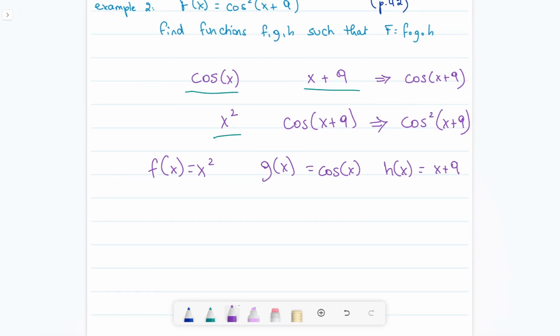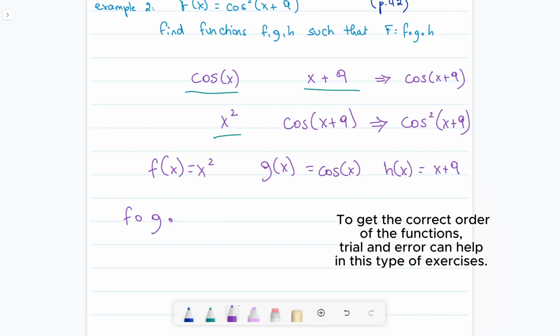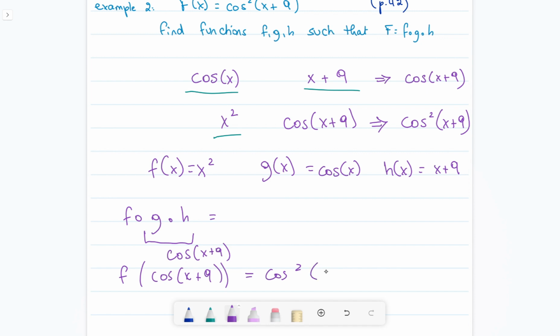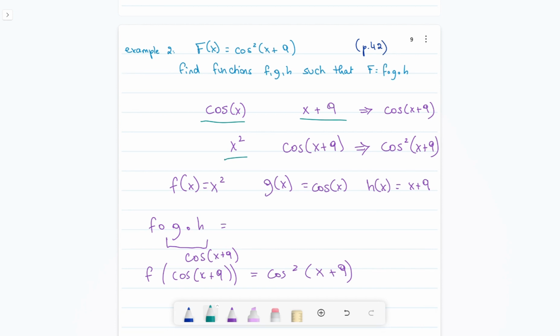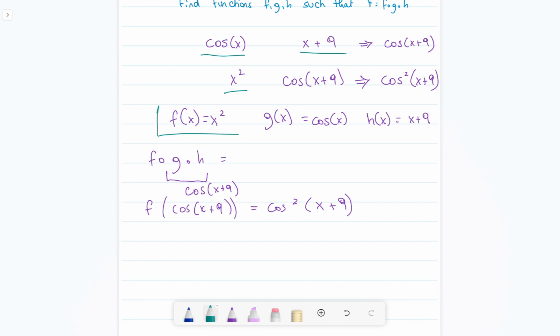If we were to do f of g of h, first we do g of h, which will give us cosine of x plus 9, and then we do f of cosine x plus 9, which will give us cosine squared of x plus 9. Again, this is a slightly tricky exercise. Maybe with a bit more practice, you will be able to get it easily. And the answer is this answer that I'm boxing right now.